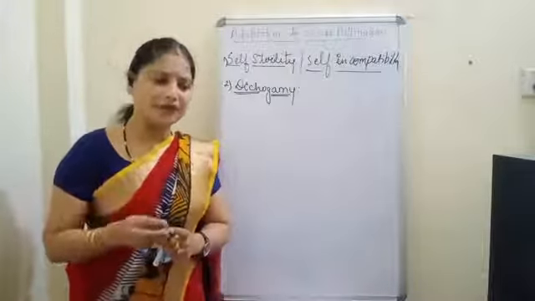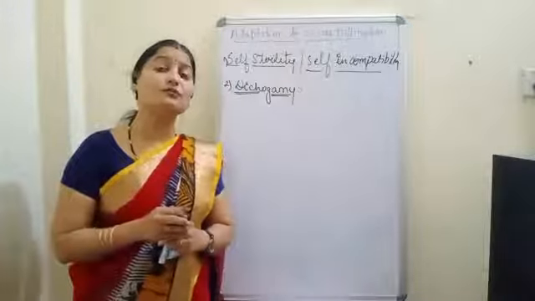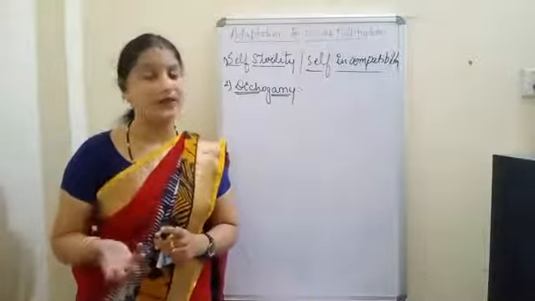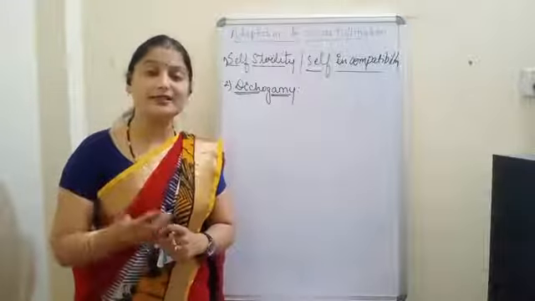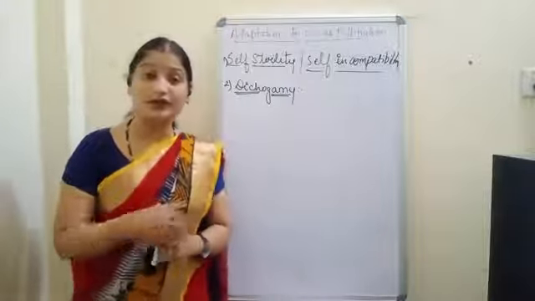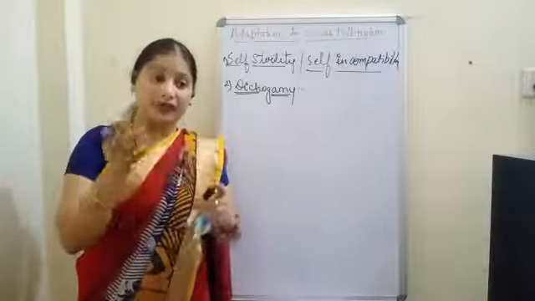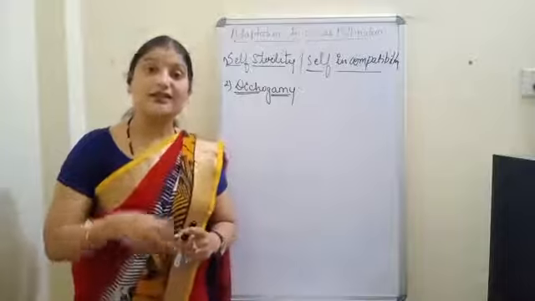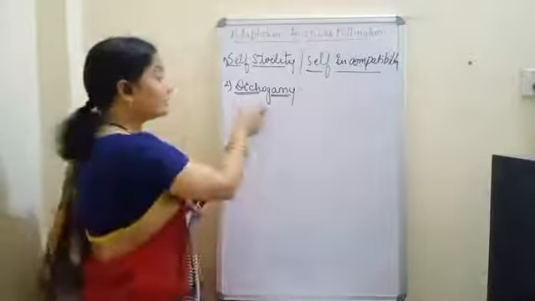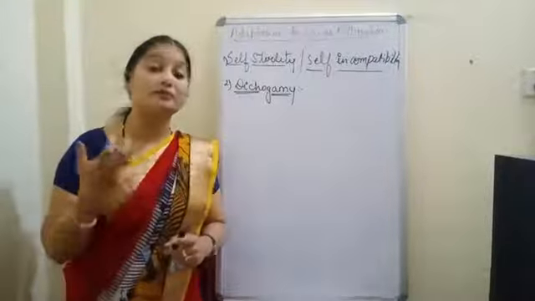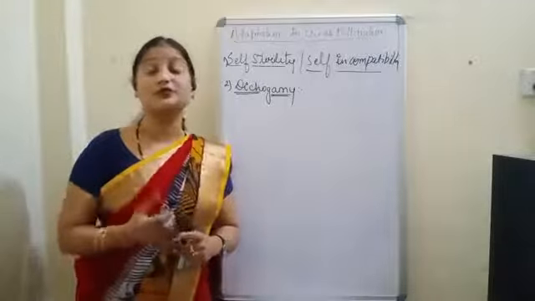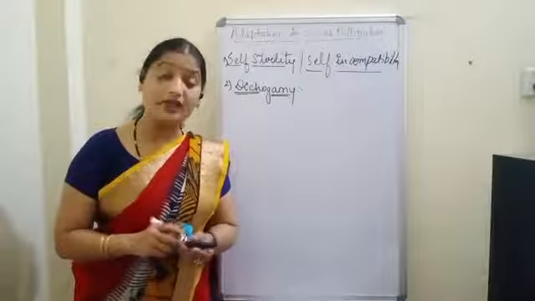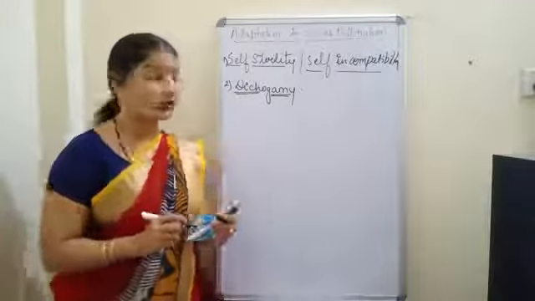If the parts of the flower do not mature at the same time, then self-fertilization and pollination will not occur. So, then they will favor cross-pollination. This is the reason that dichogamy is one of the major, important adaptations in case of cross-pollination.